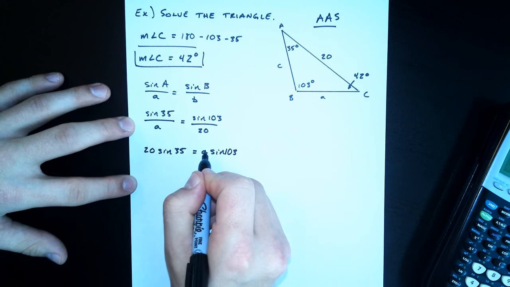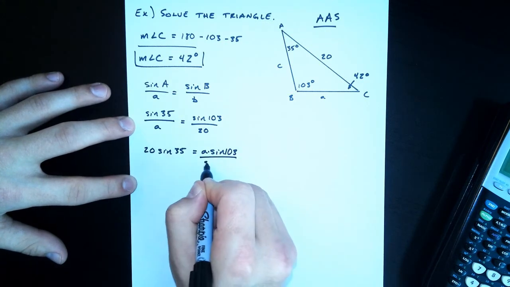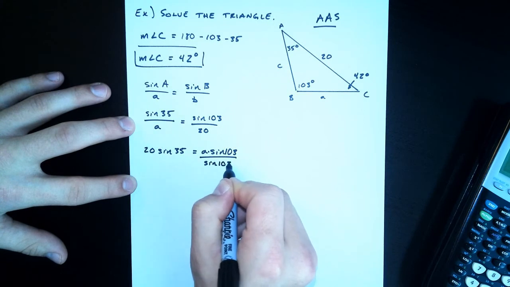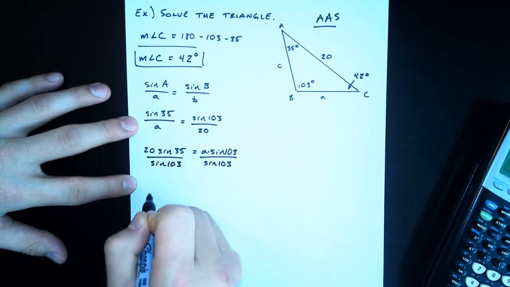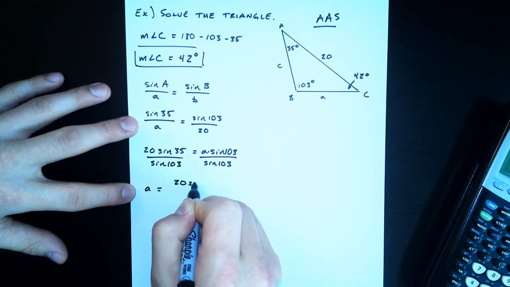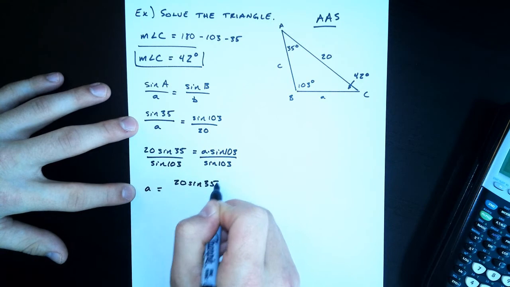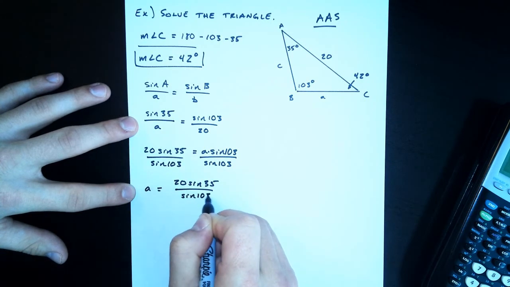And then to solve for A, since we are multiplying by the sine of 103, let's divide by the sine of 103 to isolate that. So then we get this expression for A: 20 times the sine of 35 divided by the sine of 103.